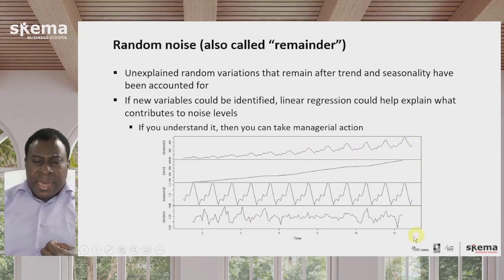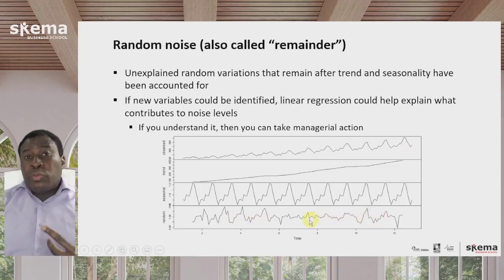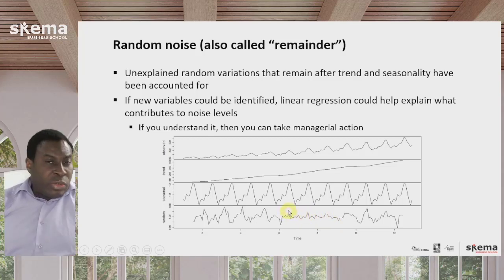The point is that if you can understand what is causing the noise, then as a manager, even if you cannot control it, you can respond to it. And what you don't understand, you cannot respond to. But by trying to break down the noise and understand more of what's going on, you can take more effective managerial action.